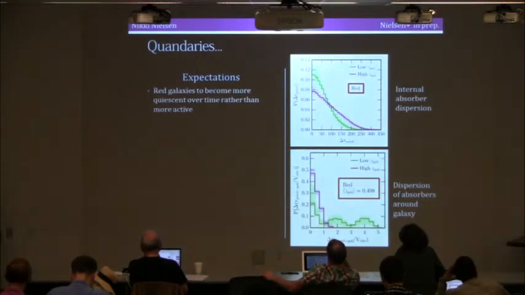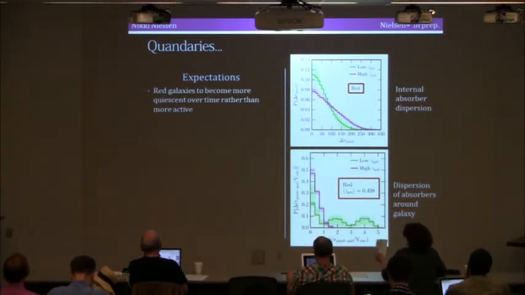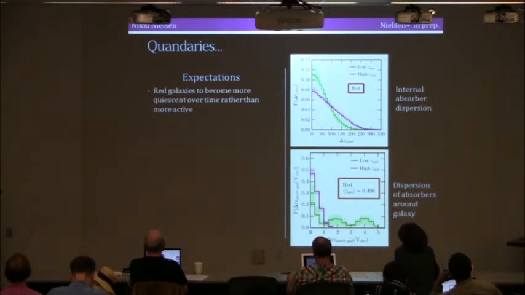If we focus just on the red galaxies, where we have the internal absorber dispersion here, and then down here on the bottom is the dispersion of absorption around the galaxies, we would expect that red galaxies will become more quiescent over time. They're dying, pretty much, rather than becoming more active.